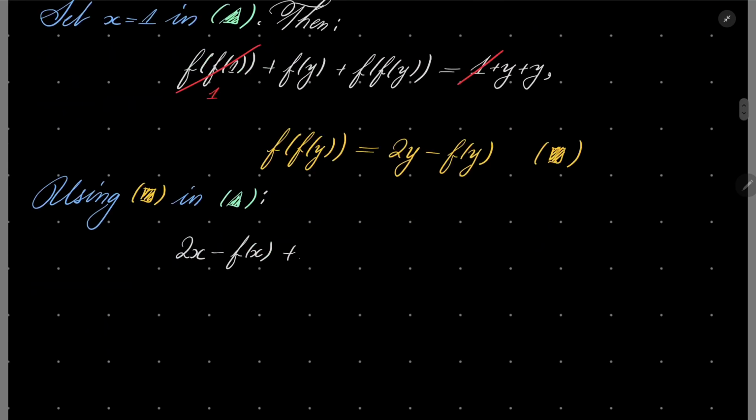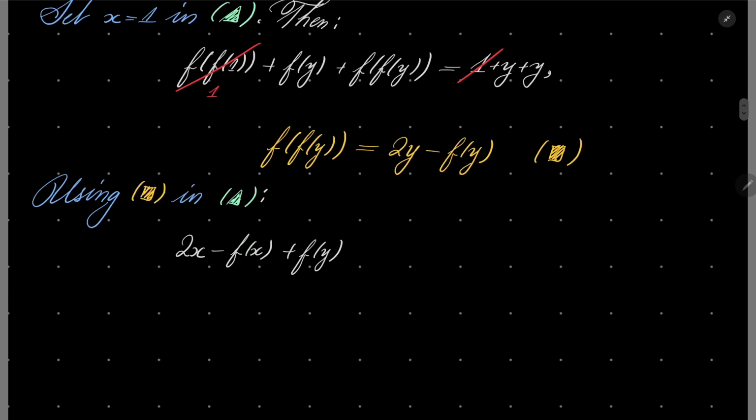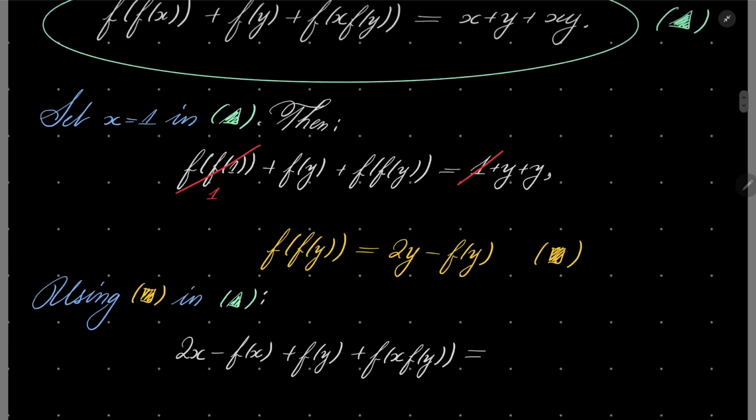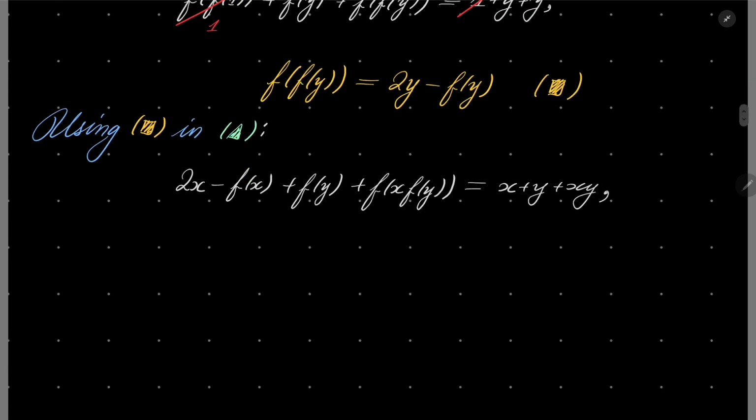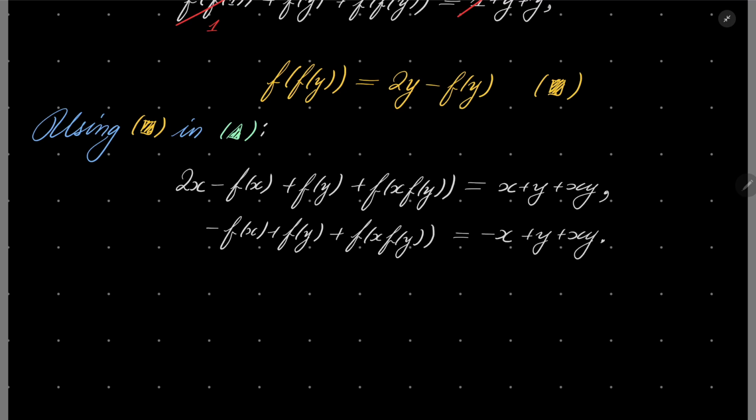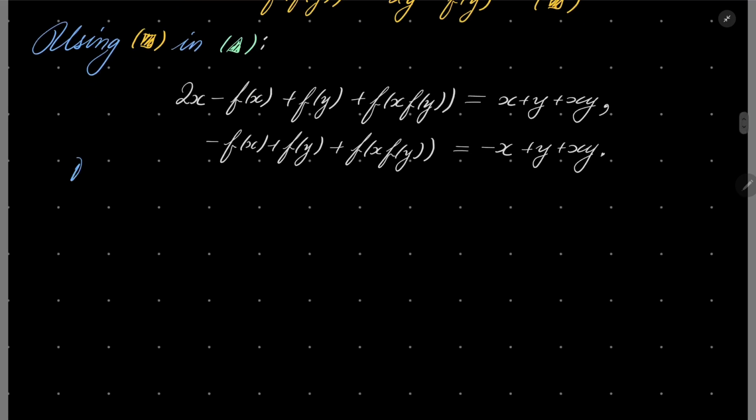Then we have plus f(y) plus f(x)f(y), and that equals x plus y plus xy. Now I can write it as minus f(x) plus f(y) plus f(x)f(y) equals, I can subtract 2x, minus x plus y plus xy. Now, crucially, let's change x to f(x) in our previous equation.